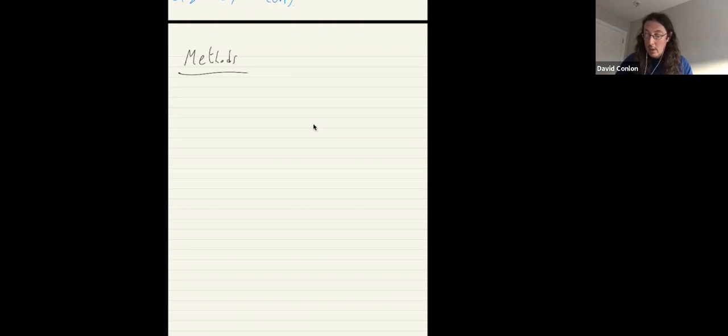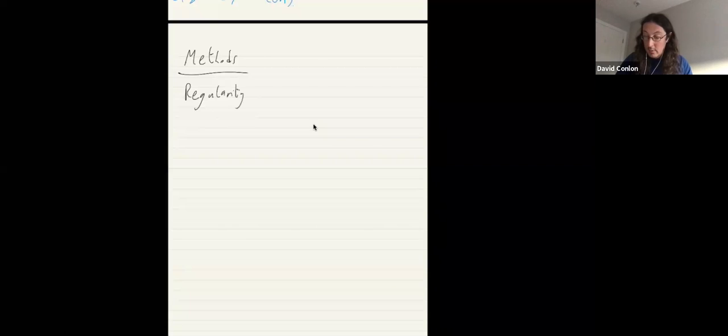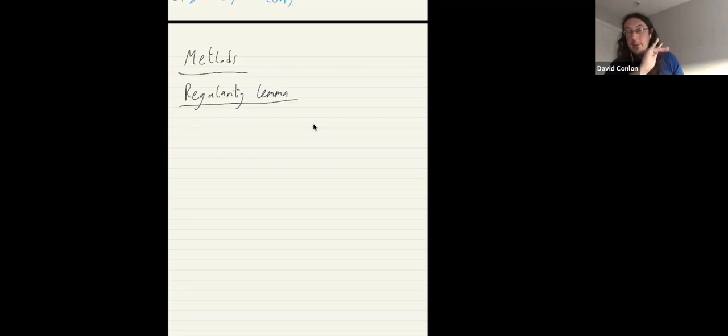So the regularity lemma is, well, what we use in practice is actually something slightly different. We use essentially a transference principle, but you can use the sparse regularity lemma.